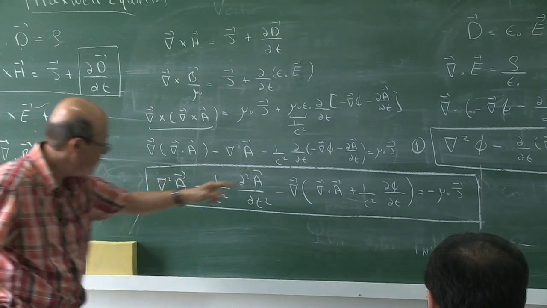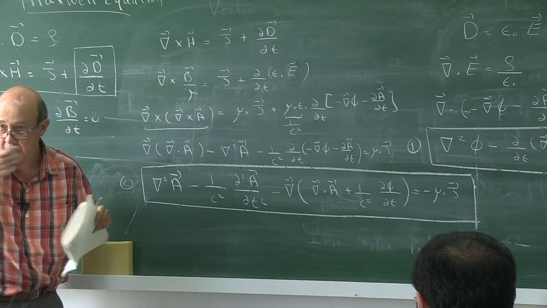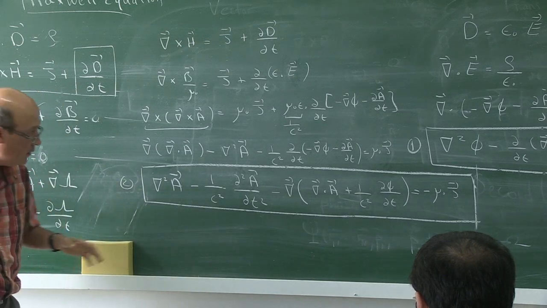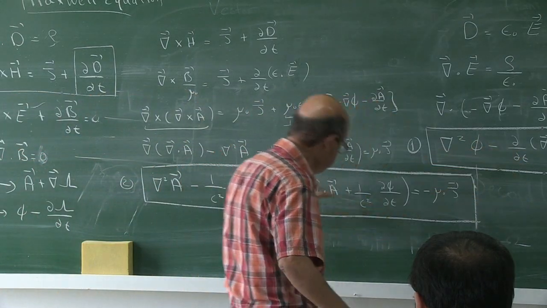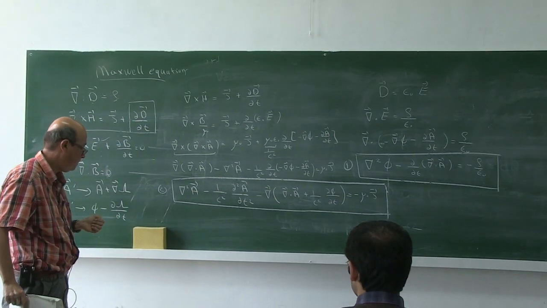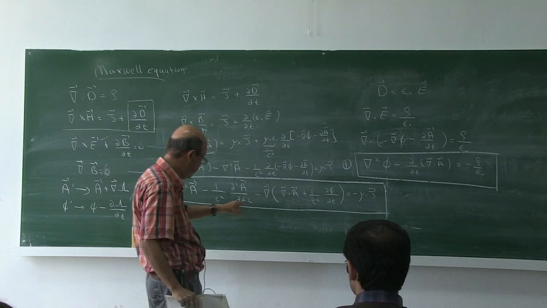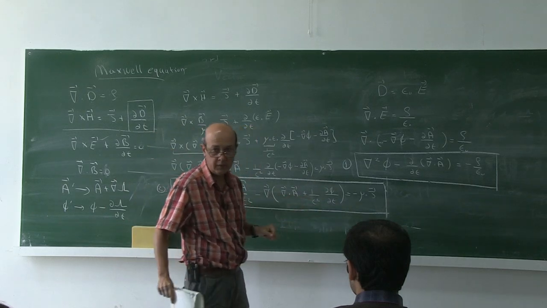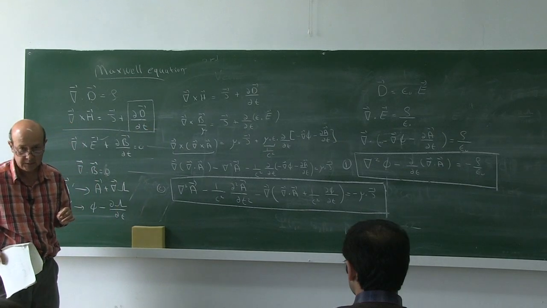As you see, the first and the second equation are coupled to each other. How are they coupled? One has the phi and vector potential, the other also has phi and vector potential. So one choice of fixing this is to set this term to 0. Put these two equations as decoupled.